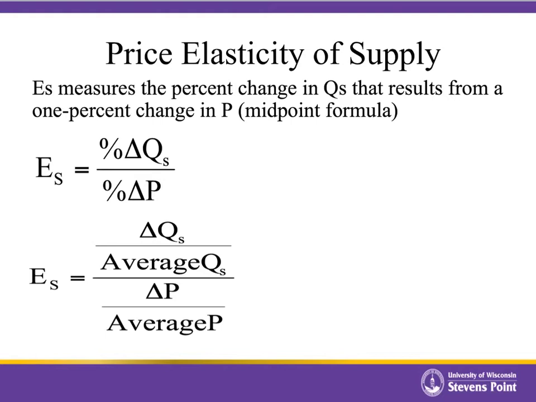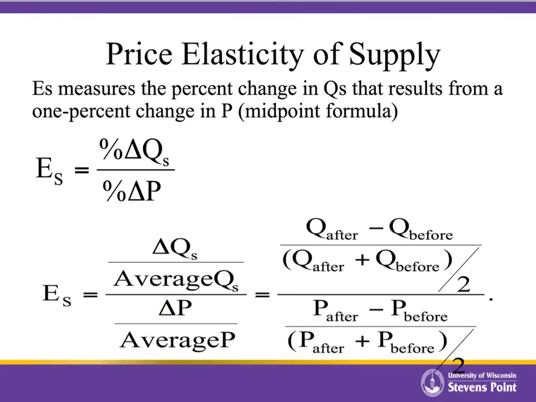And because we're using this midpoint formula, we can also express that as the change in quantity supplied divided by average quantity supplied. And then we're dividing that by the change in price divided by average price. Again, if you like the expanded equation, we can look at the change here, the new quantity minus the old quantity divided by the average, and we've got the new price minus the old price divided by the average.